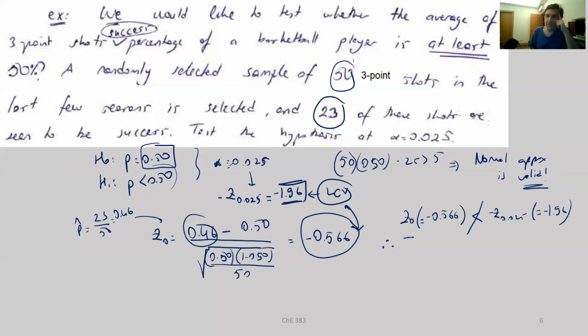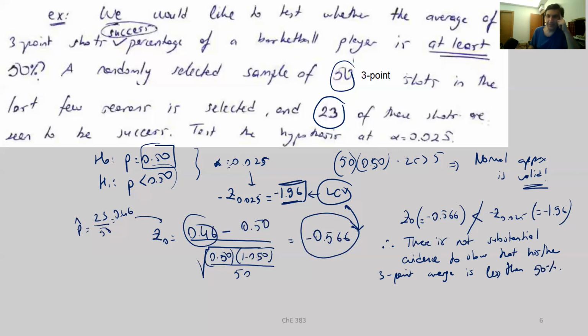That's when we say there is not substantial evidence to show that her 3-point average is less than, again, I have to be careful with the wording, less than 50%.